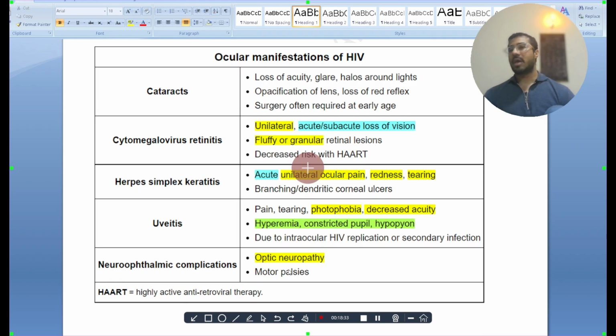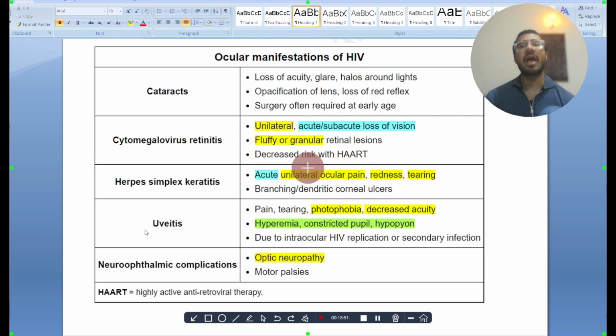So, ocular manifestations of HIV. So, HIV with CD4 count less than 100, you get CMV retinitis, uveitis, painful tearing, photophobia. Yes, it's most probably anterior uveitis.